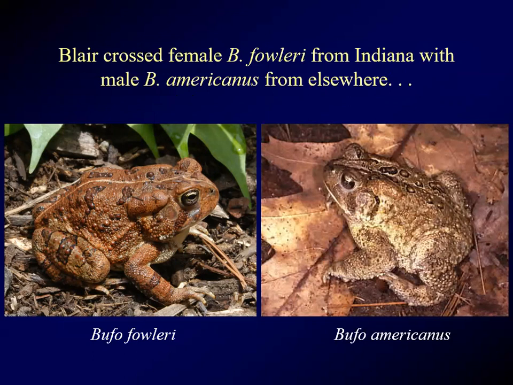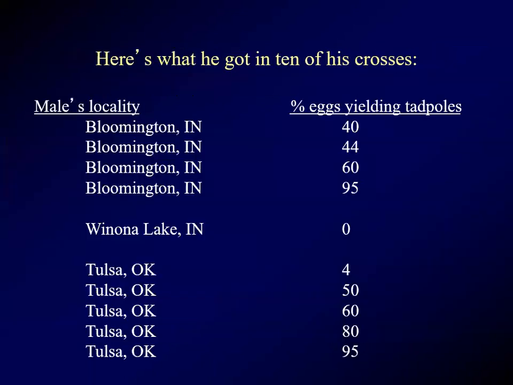I'm gonna test you on, and he crossed, in the little snippet I'm showing you, he took female Bufo fowleri from Indiana and crossed them with male Bufo americanus from elsewhere. And there's some of his data. When he took his Bufo fowleri and crossed them with male americanus from Bloomington, Indiana, the percentage of eggs that yielded tadpoles ranged from 40 to 95.